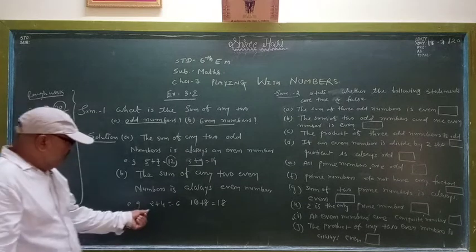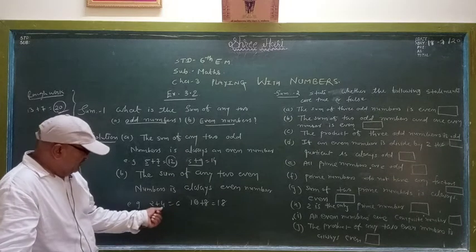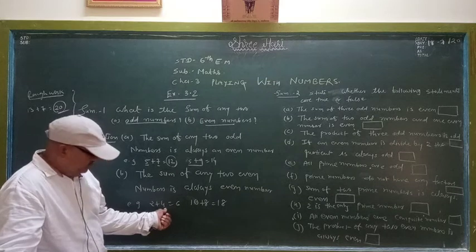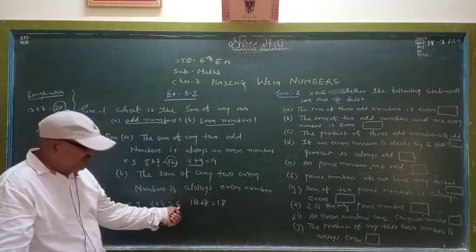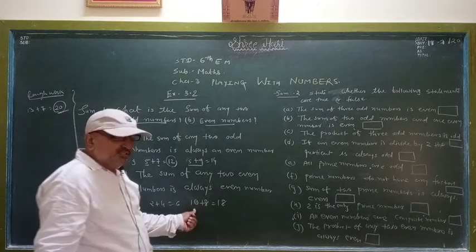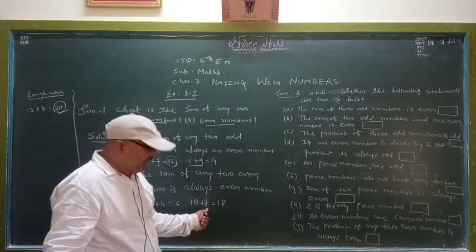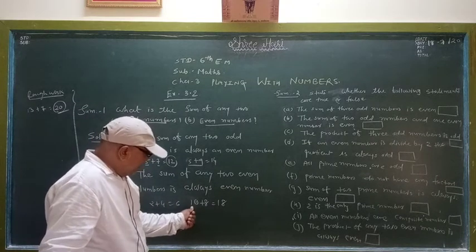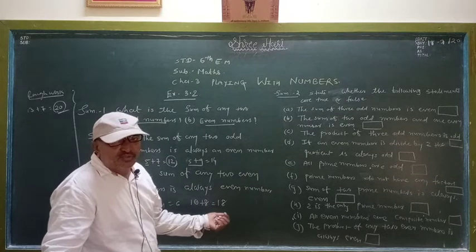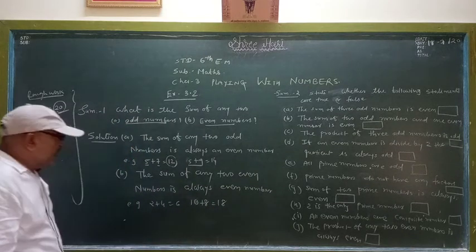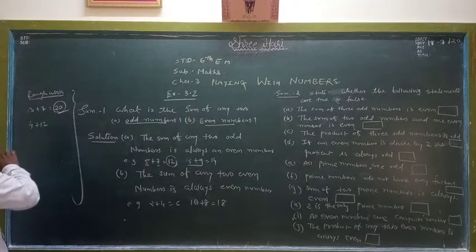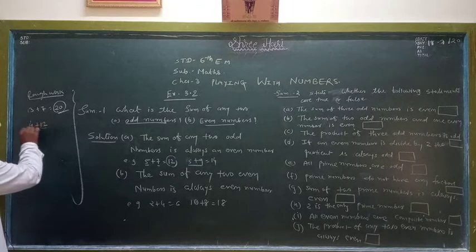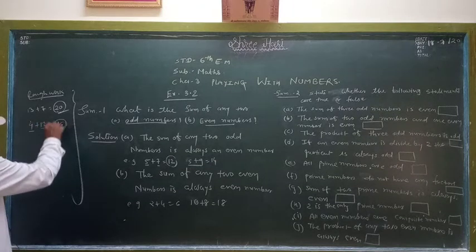Here 2 is even, 4 is also even. 2 plus 4 is equal to 6. 6 is even. 10 is an even number, 8 is also even. 10 plus 8, 18, also even. Now you can take any example. Suppose 4 is even and 12 is even. So 12 plus 4, 16, is also even.